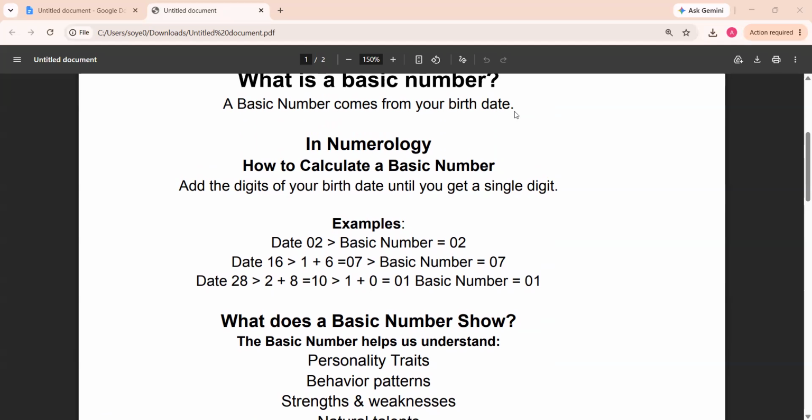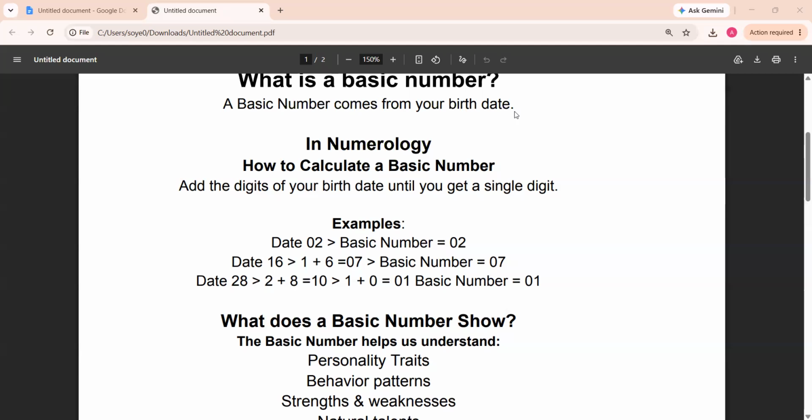For example, if your date is 2, the basic number is 2. If your birth date is 16, then 1 plus 6 is equal to 7, so your basic number is 7.